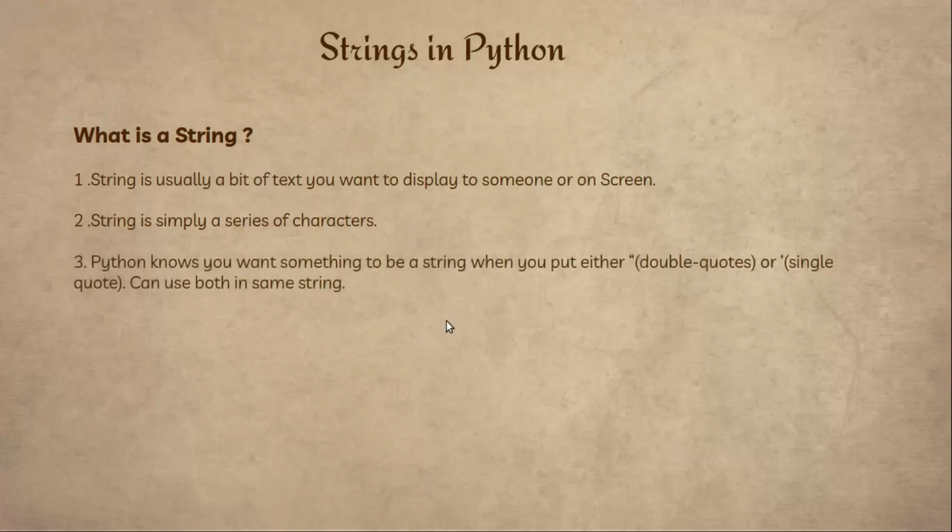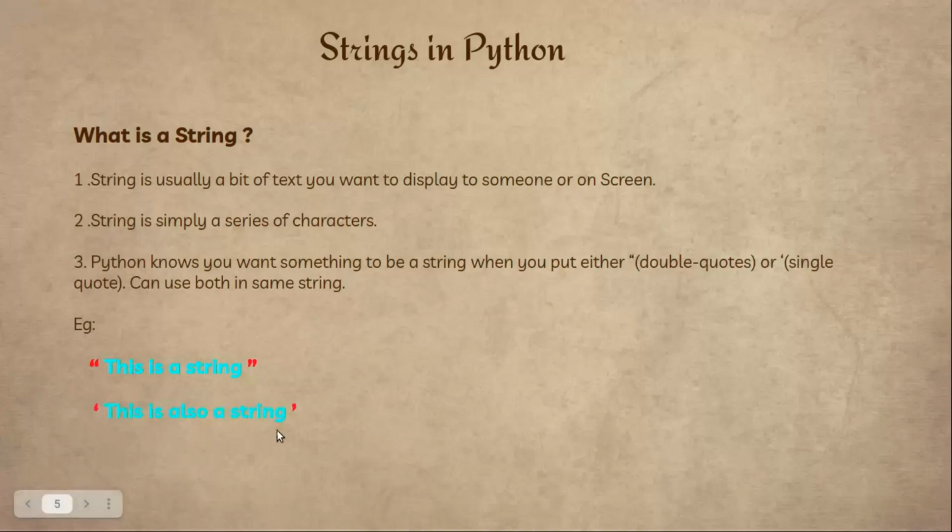Python knows that you want something to be a string when you put either double quotes like this one, or a single quote around text, right? So you can use both in the same string. Whenever you put double quotes or single quotes around some text, it becomes a string in Python. For example, you can see the double quotes around this text here, which shows that it is a string.